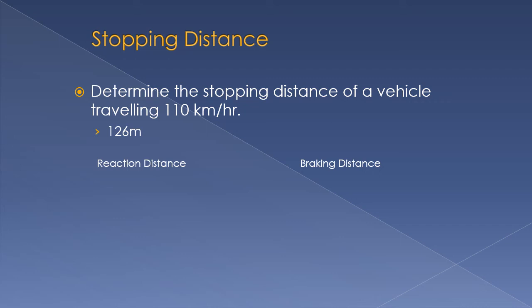And so this is important because our reaction distance is going to be uniform motion. We're not braking yet, we're not decelerating yet, we're just traveling at a constant speed. How far did we go? Our braking distance, this is where we're actually decelerating, and we're going to have to calculate non-uniform displacement.